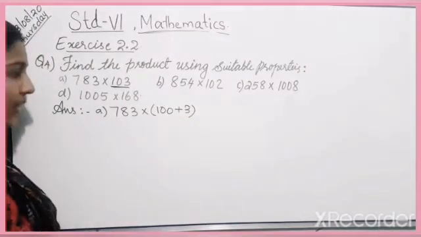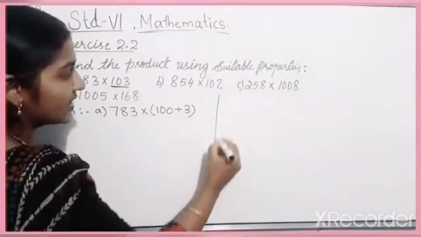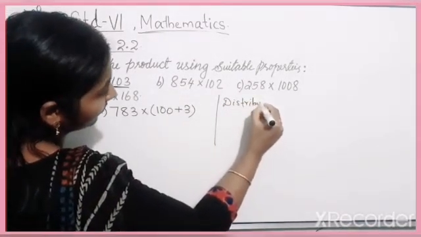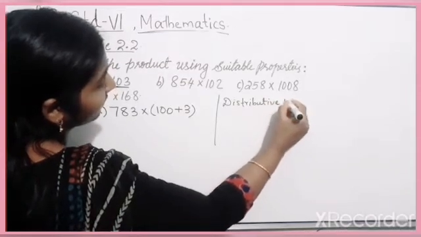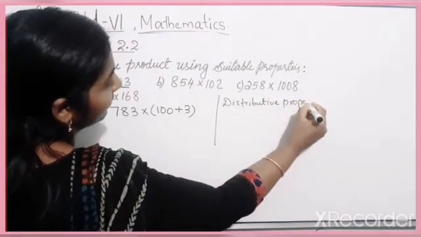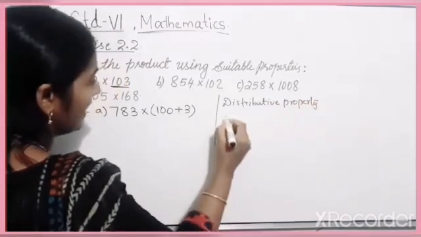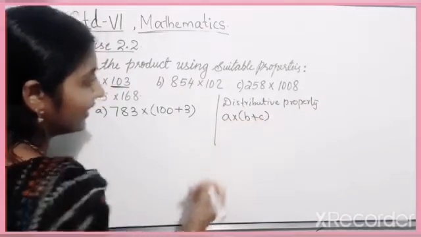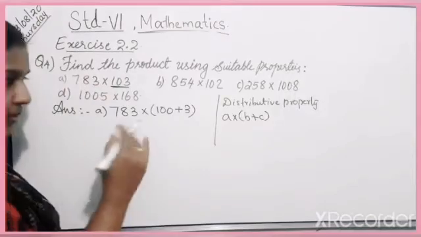Okay, so we know according to distributive property, A into B plus C, that is distributive over addition.